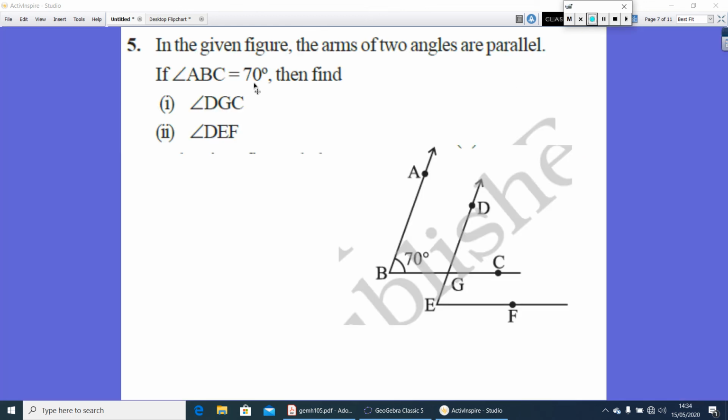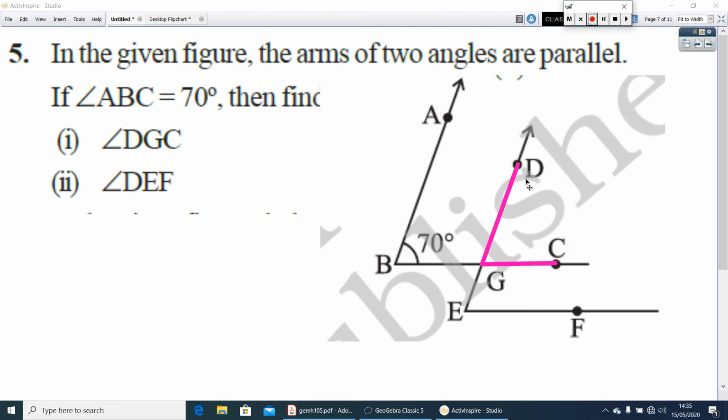Now question number 5. In the given figure, the arms of the two angles are parallel. That is AB is parallel to ED. Similarly BC is parallel to EF. Now angle ABC is given as 70 degree. Now find out angle DGC.